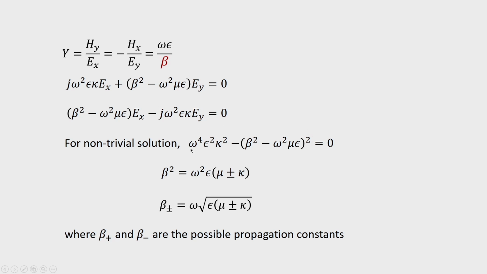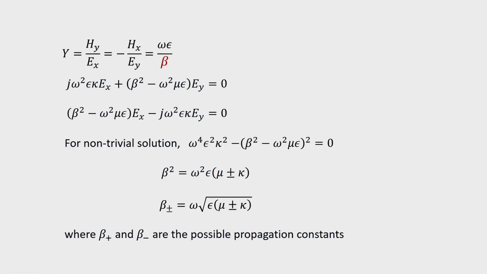So, from this condition, if we solve for beta, we get two possible propagation constants. We denote them by beta plus and beta minus. So, beta plus will be omega root epsilon (mu plus kappa), and beta minus will be omega root epsilon (mu minus kappa).